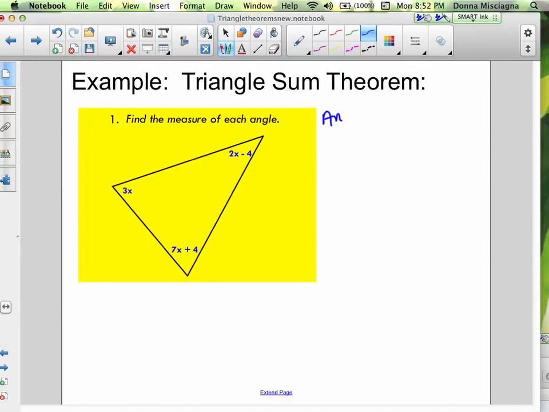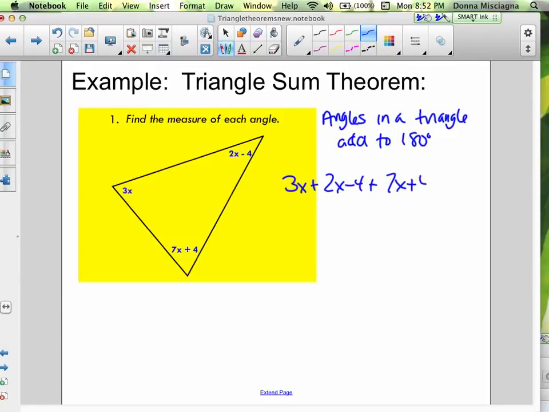So the angles in a triangle add to 180 degrees. So if I take 3x plus 2x minus 4 plus 7x plus 4, they're going to add to 180 degrees. So you can just do this one along with me in your notes.